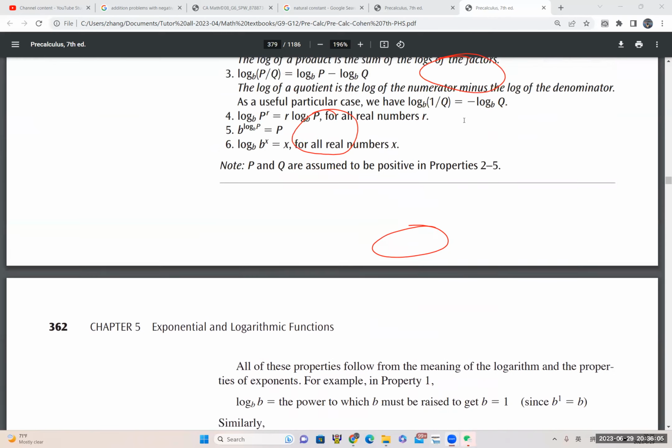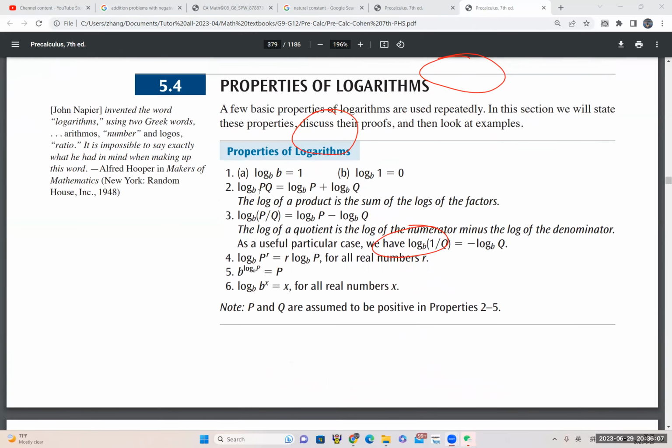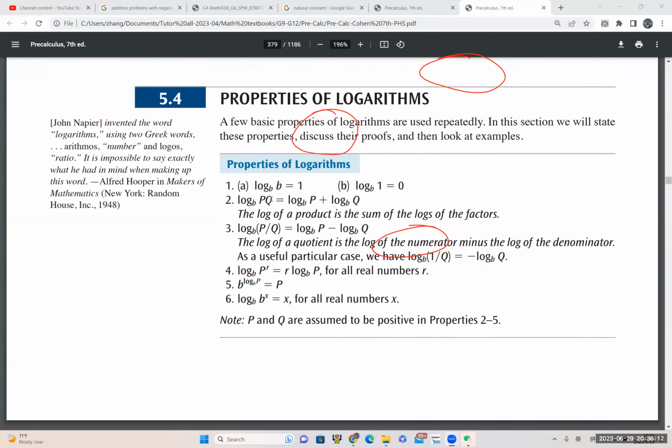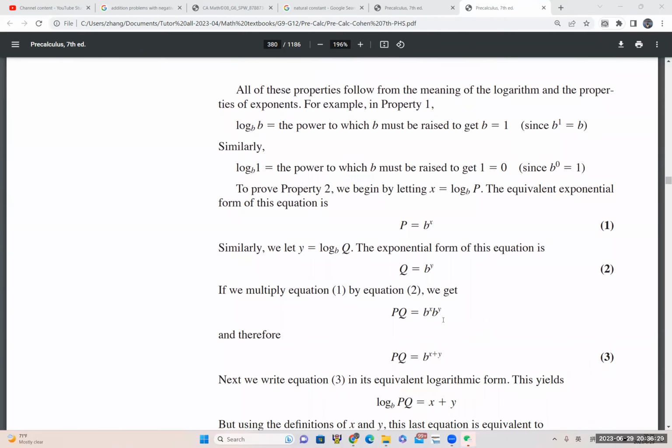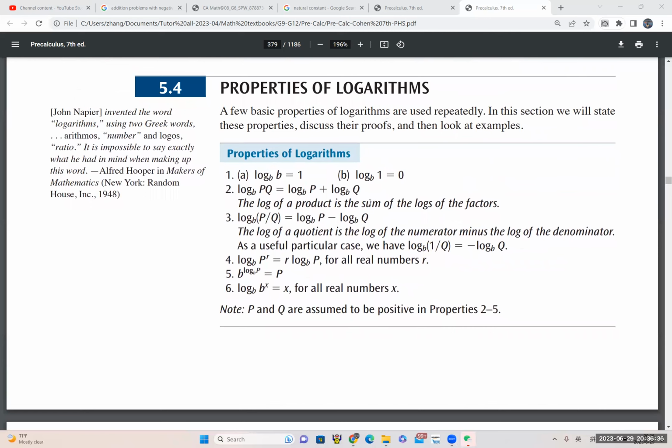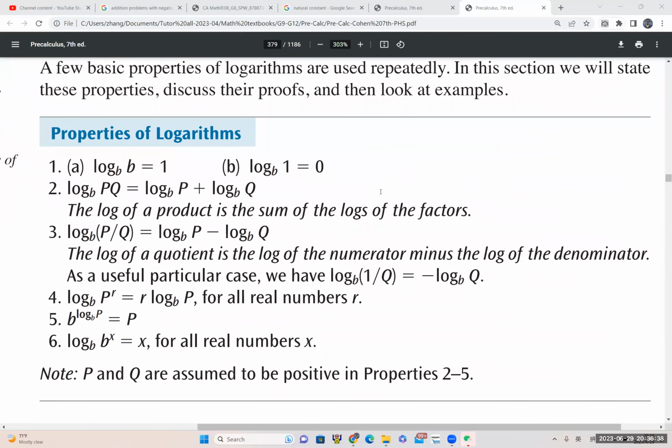For the product, we need both P and Q to be positive numbers, otherwise it's undefined. If you are not sure, check this process and try to remember. Then we get this important rule.